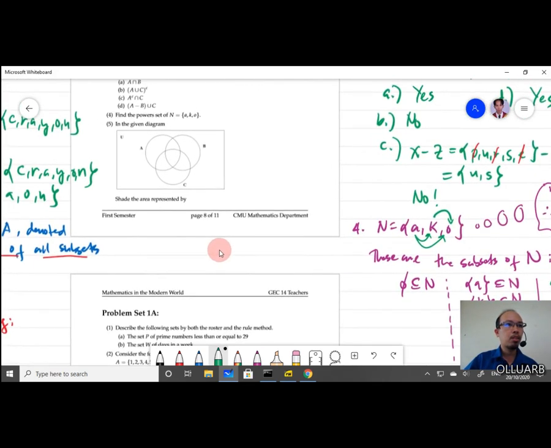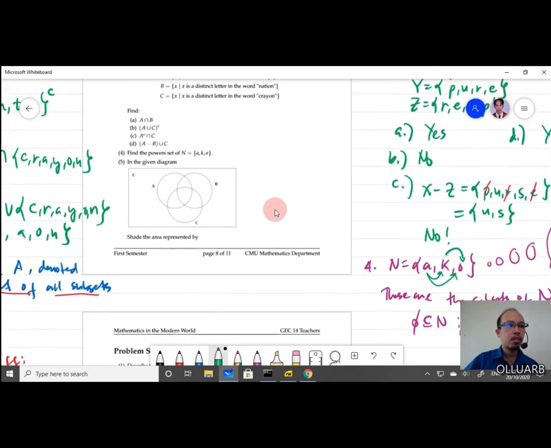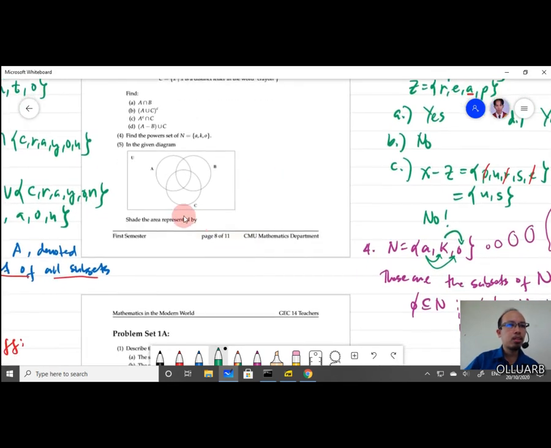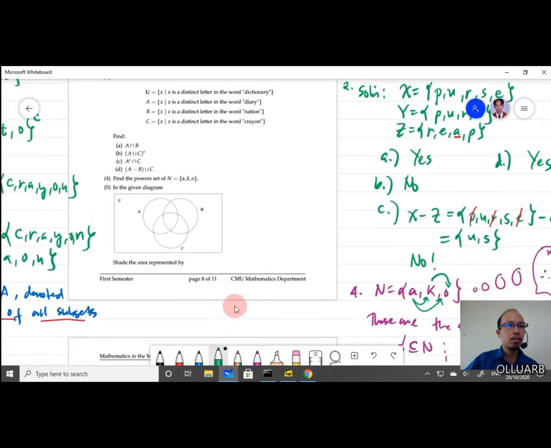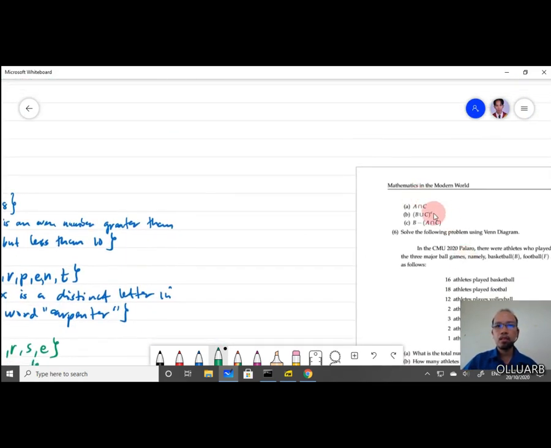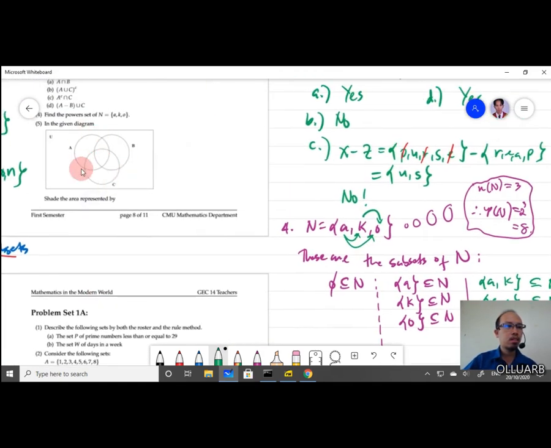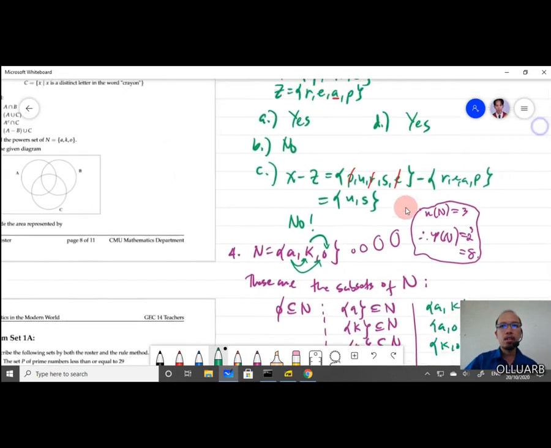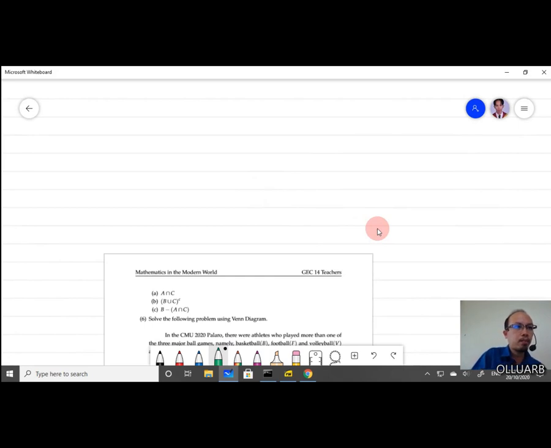Okay, for problem number 5, shade the area represented by each expression. So this is your sets, and you are asked to shade the region. For letter A, you have to copy everything.